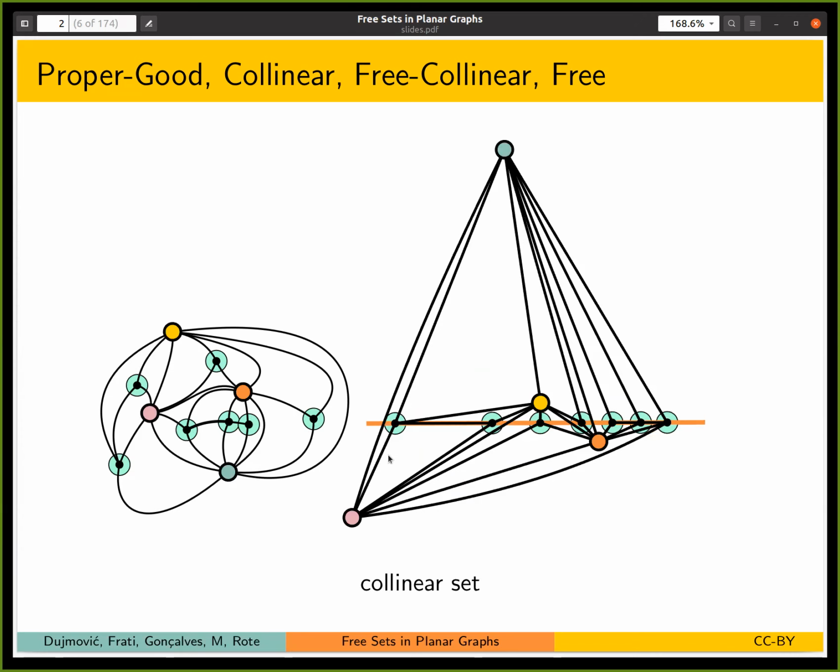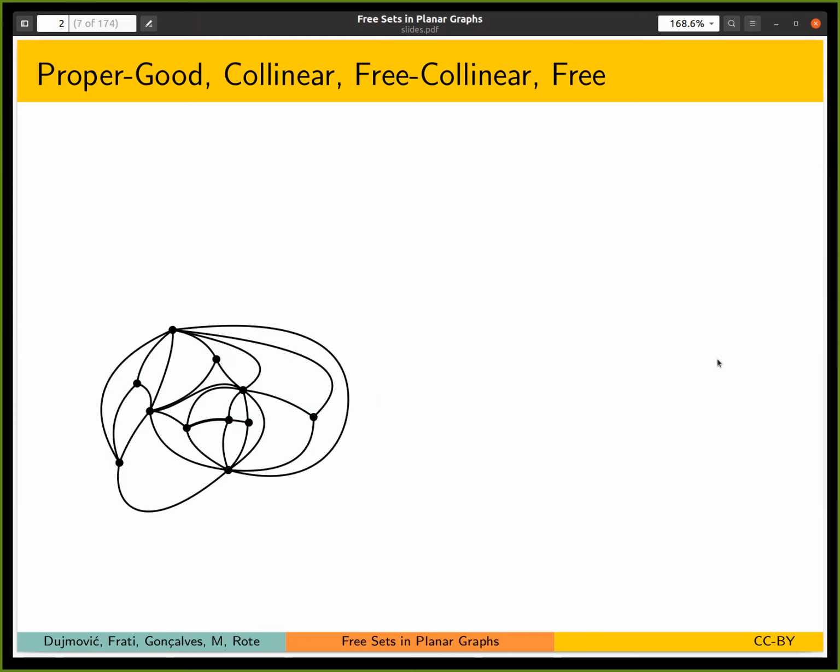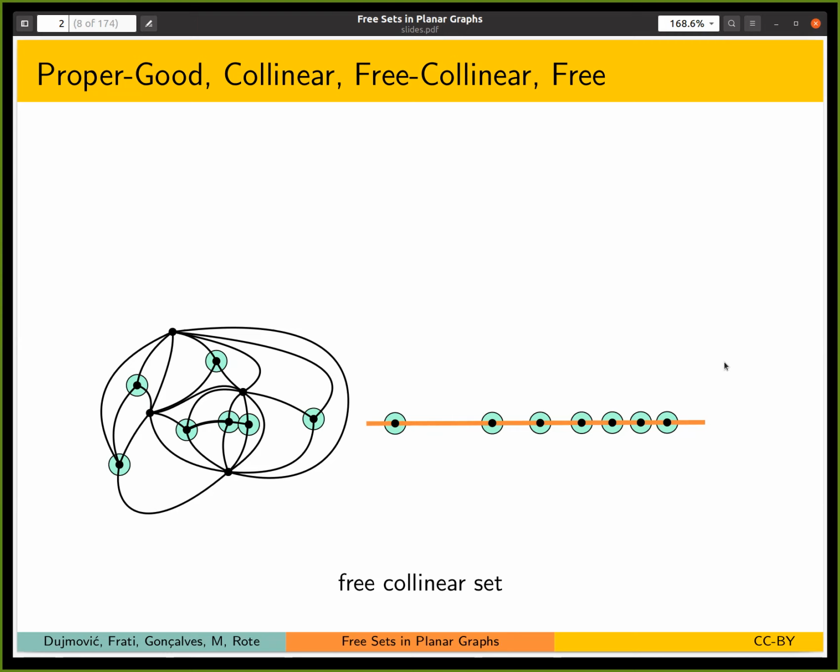And if you can do that, then that set of vertices is called a collinear set. So this is two drawings of the same graph, and those highlighted vertices are all drawn on a line. So that means that these are a collinear set of vertices. If you want to make it a little bit harder, I can say take those vertices and draw them not just anywhere on the line, but at fixed specified locations on the line.